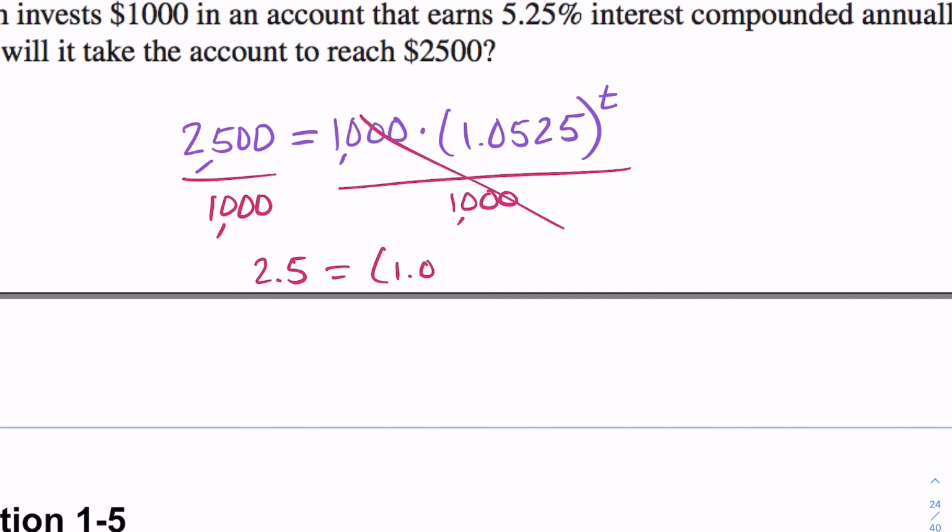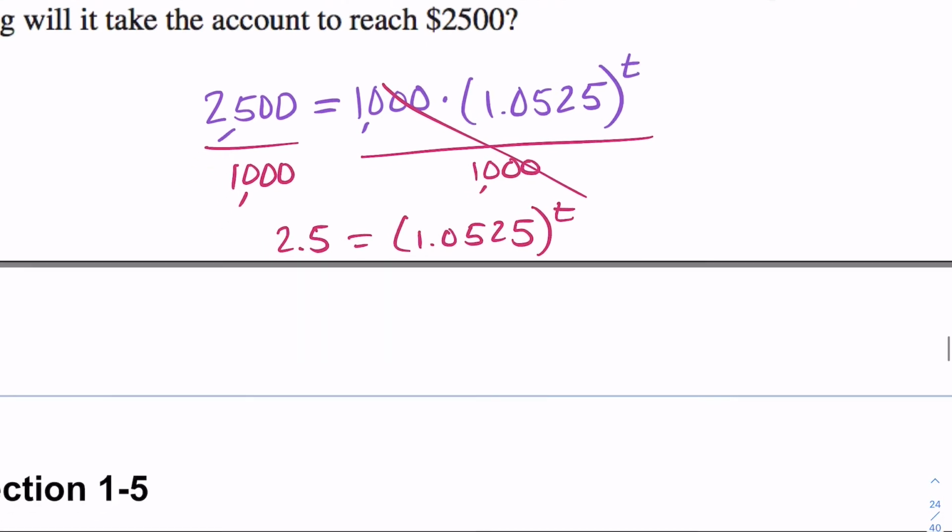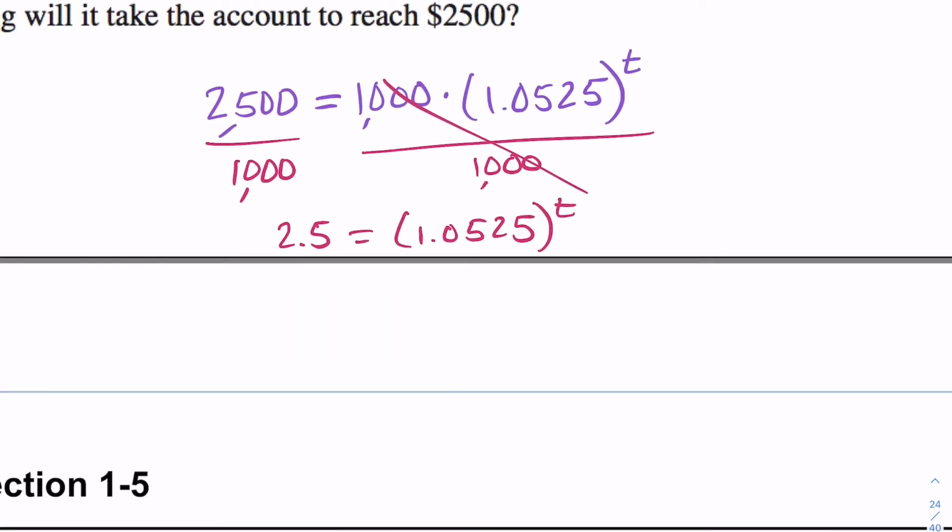And I have 1.0525 to the t. Now at this point, you can log base both sides. I'm just going to log both sides, 2.5. Because remember, I could do this base right here. If I did that base, it would work out perfect. I would just have t on one side, but I'll just do one extra step.